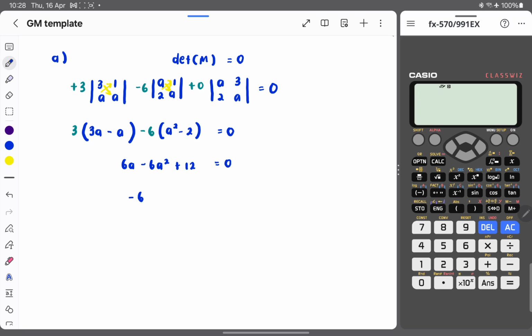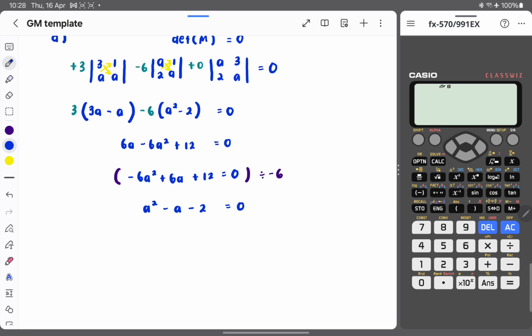So we'll have negative 6A squared plus 6A plus 12. To simplify this, we can divide all of this by negative 6, and we will get A squared minus A minus 2 equals 0.